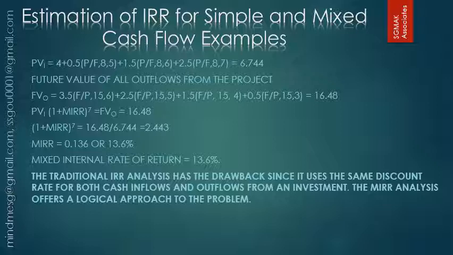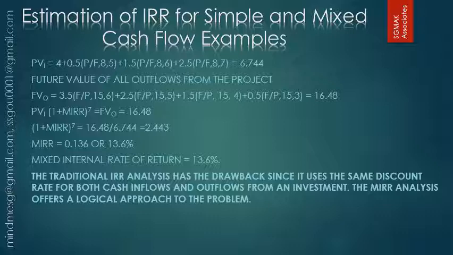The traditional IRR has a drawback, since it uses the same discount rate for both inflow and outflow, and that's a serious drawback, because typically those rates are different. We made that correction in our mixed internal rate of return analysis.